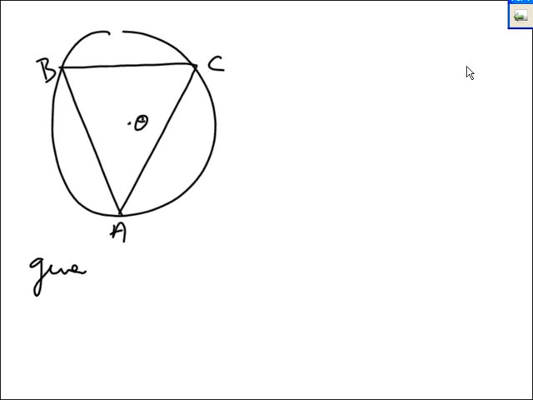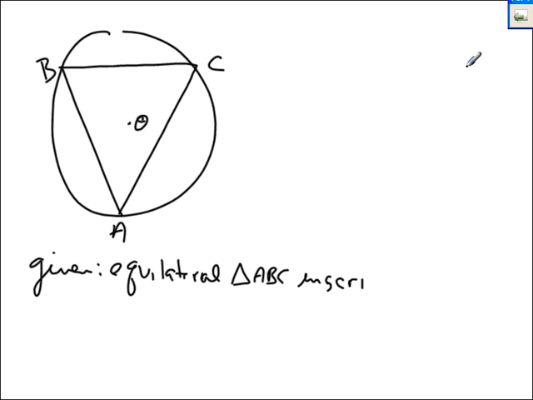You are given equilateral triangle ABC inscribed in circle O.